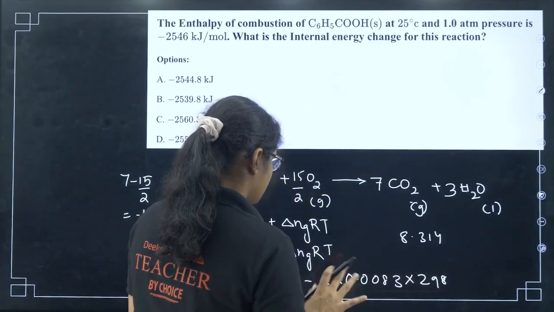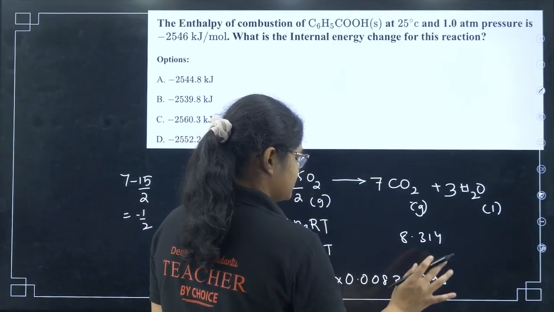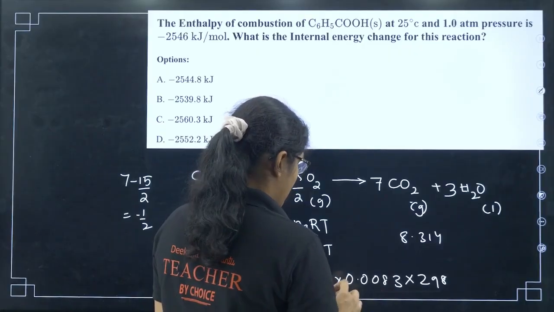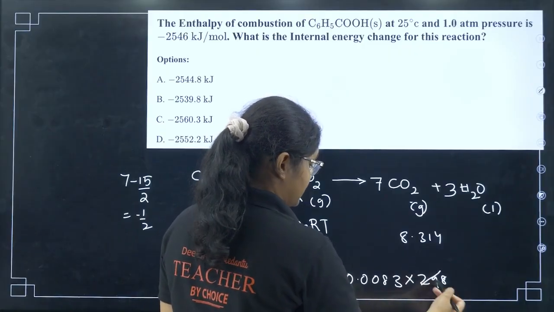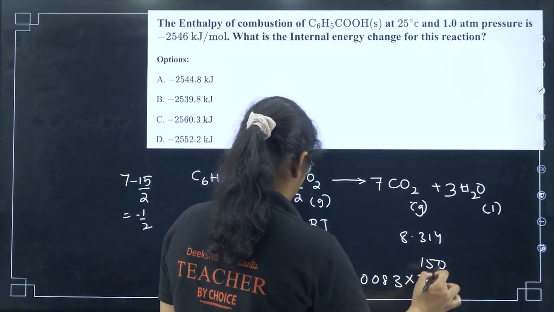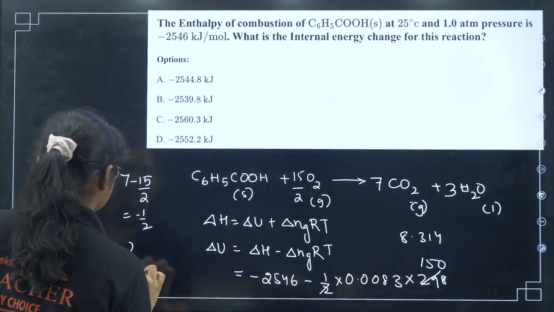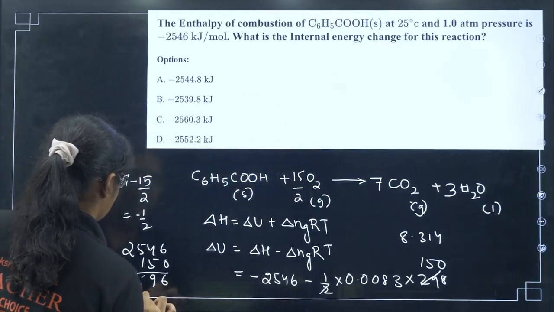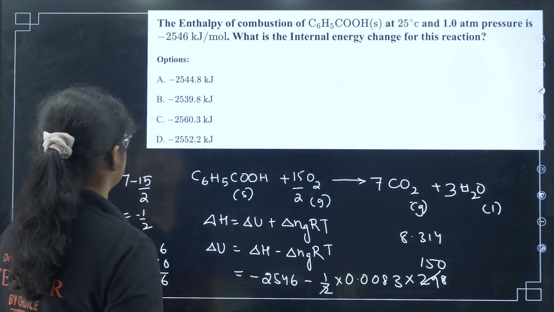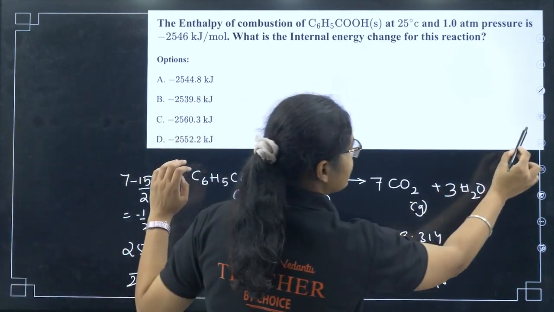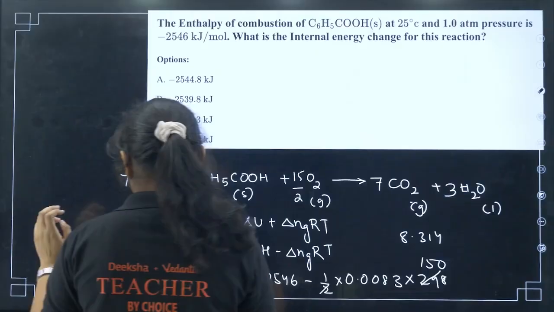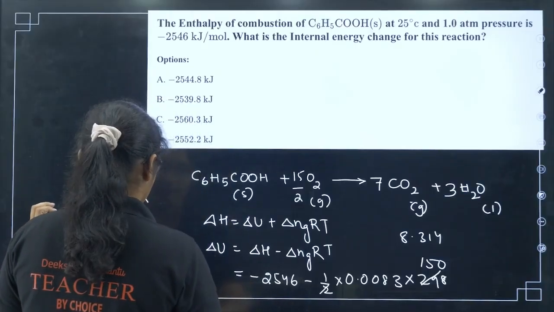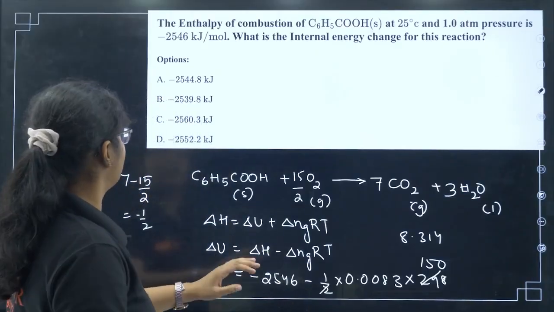So for a rough calculation, I can just ignore the 0.008 term and take it as 300, so I will have 150, so 2546 and 150, if I just add them, I'll get 2696. So no options are near that, so I have to do a more careful calculation here. So definitely you will have something more than 25.